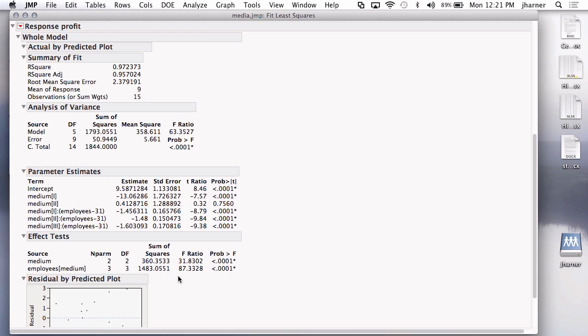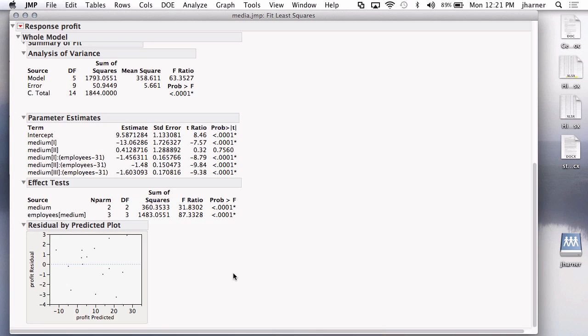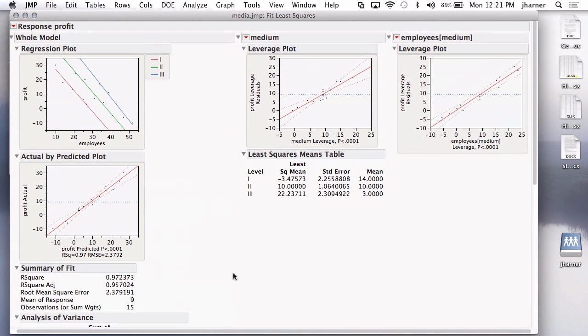Now that adjustment doesn't change anything. It doesn't change the predicted value. It doesn't change the p-values. So nothing has really changed, except for the mu hat and the alpha hats. Those are the only things that have changed. But again, the predicted values from the model will be identical. So this is how you do it in JMP.